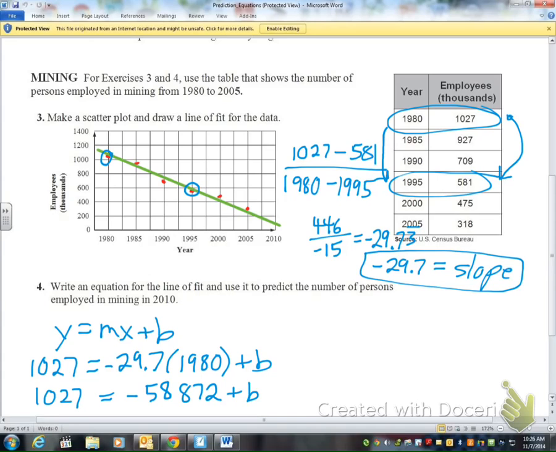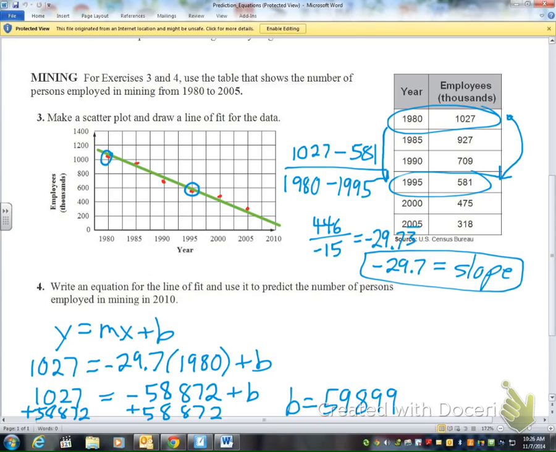So we get that. And then we have to add 58,872 to both sides. So 58,872 plus 1,027 gives me, my b value is 59,899.